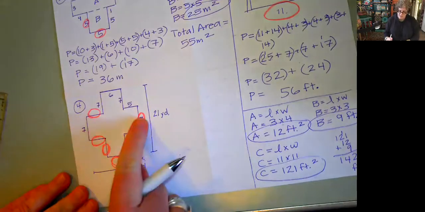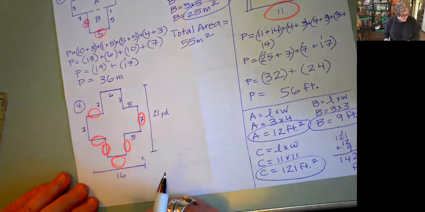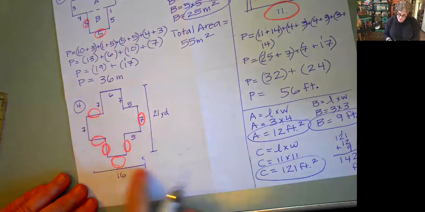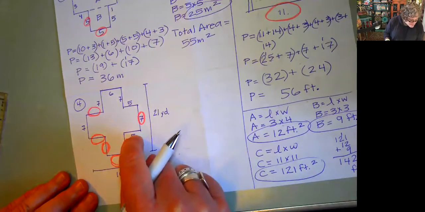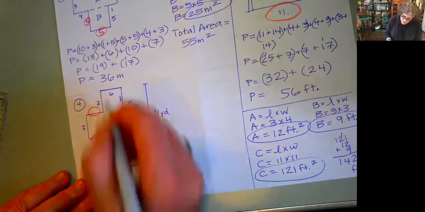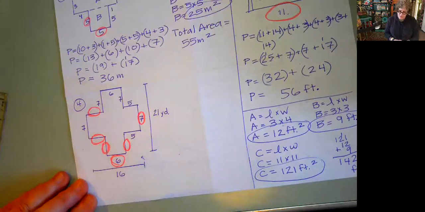Because it's a cross. If I know that this is 16 and I know that this is 5 and I know that this is 6 and it looks like it's the same length. If this is 6, I think this is 6 too.